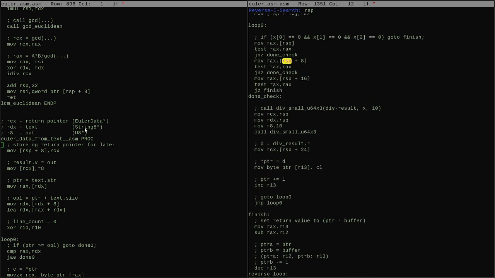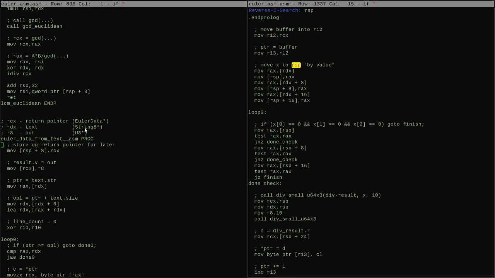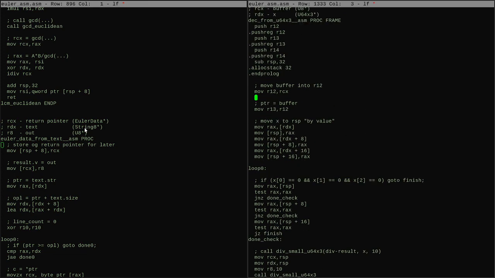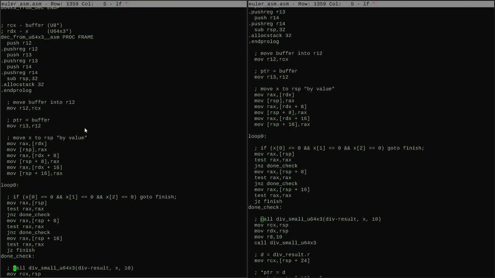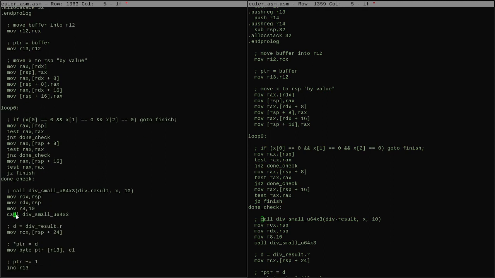That's a problem. Wait, is this function doing calls? Maybe it's not doing any calls. Okay, we have an issue here, because this was a function that was doing calls, and it was using the stack.